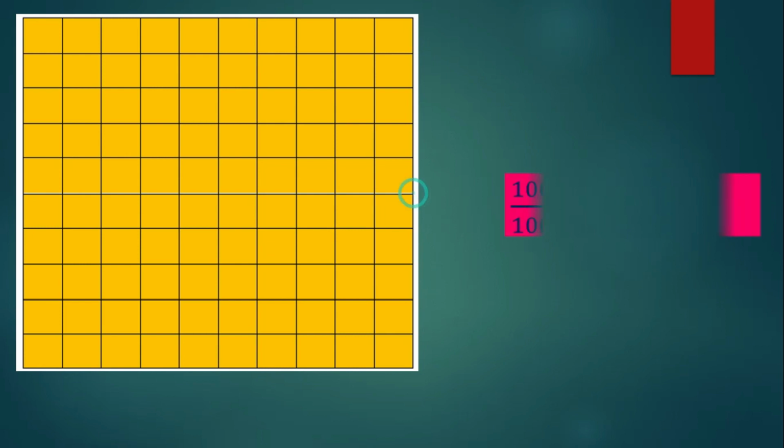Children, you can see here 100 squares are colored out of the total 100 squares. 100 total squares are written in the denominator, and the number of colored squares, that too are 100 here, are written in the numerator. So this represents one whole.